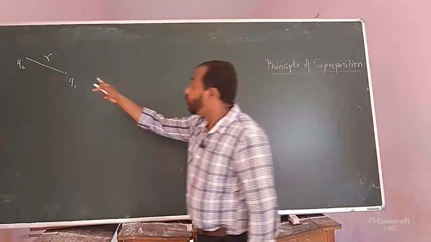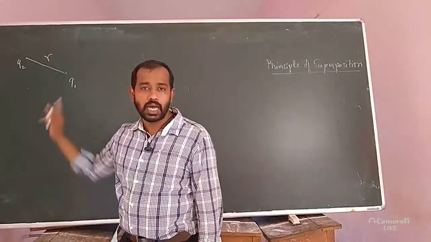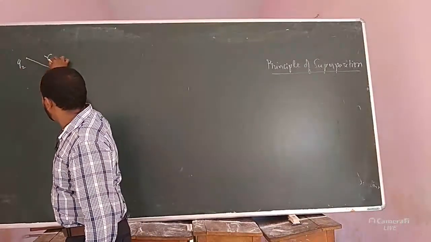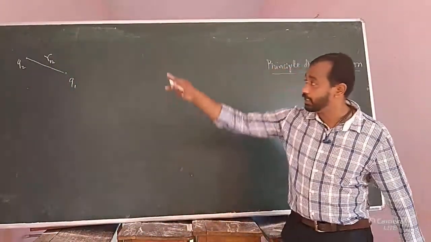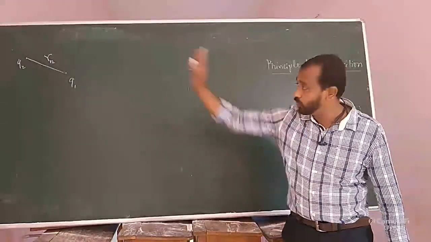So we have to be specific about the value of r. This r is the distance between Q1 and Q2, so I am going to put the subscript r12, indicating the distance of Q1 from Q2 here.